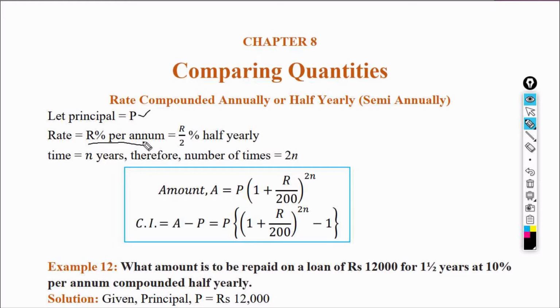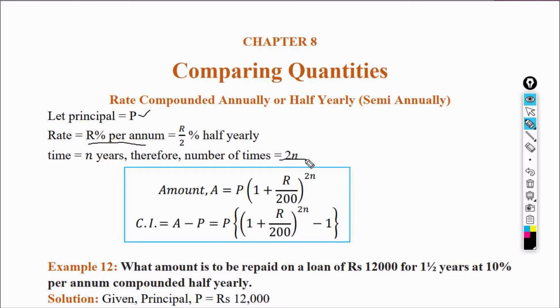That is, we have to divide that rate by 2, that is R by 2, and then time is n years, so the number of times equals 2n.